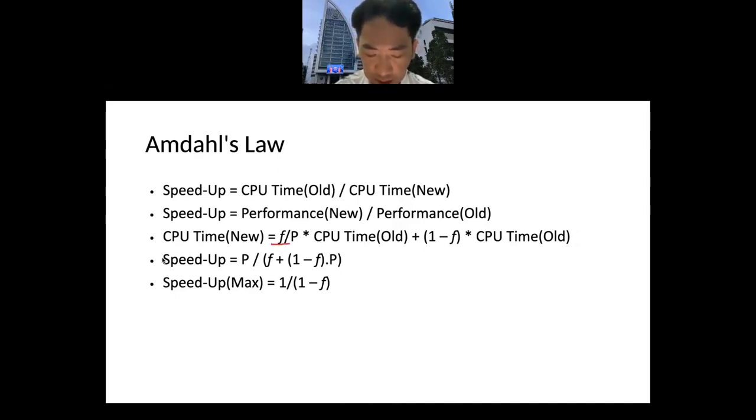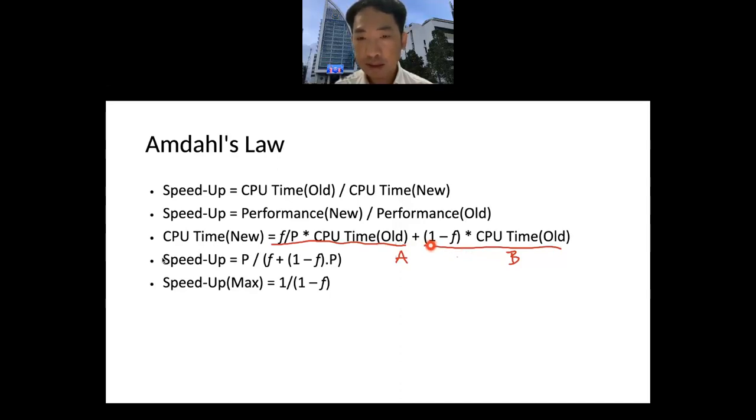So here is the time of part A, and here is the time of part B. Because part B is untouched, we don't change anything in class B, so the time of class B should be the same. And part B is only 1 minus F of the total.